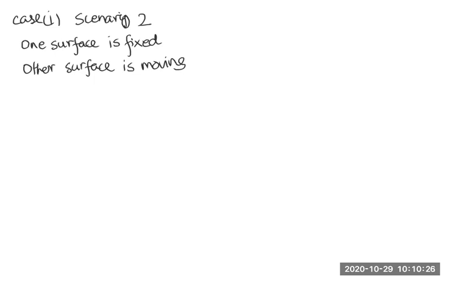One surface is fixed and the other surface is moving. And what I have to communicate to you is the magnitude of friction and the direction of friction. Right?